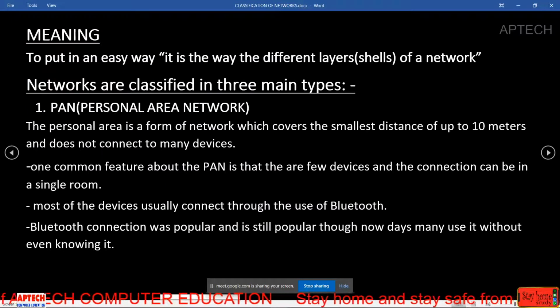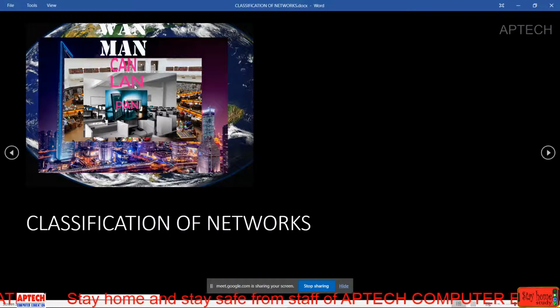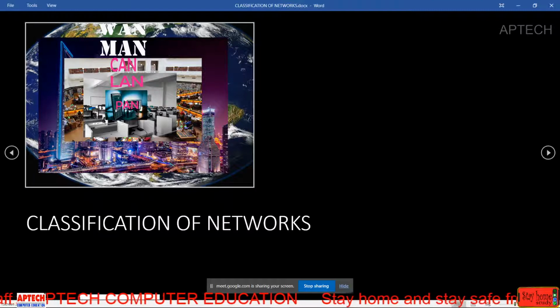These are all things which I've already talked to you guys about. As you've noticed, the first one underneath is the personal area network, then followed by the local area network, campus area network, then metropolitan area network, then wide area network.